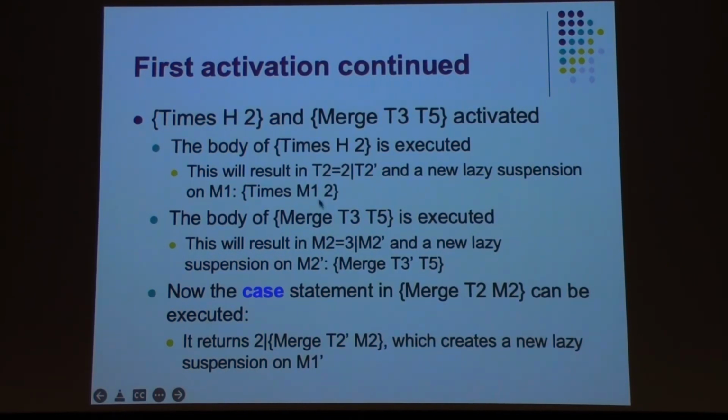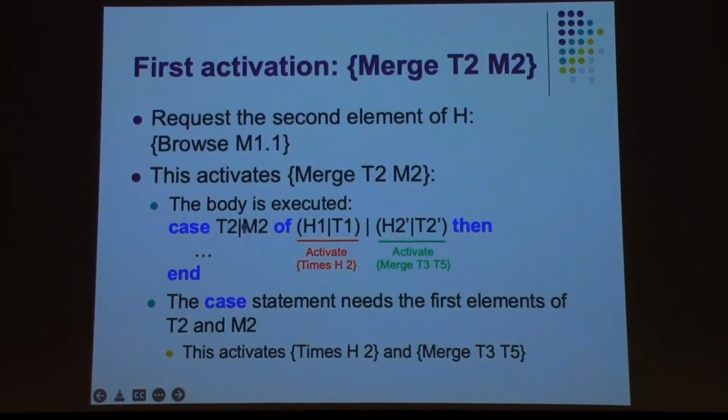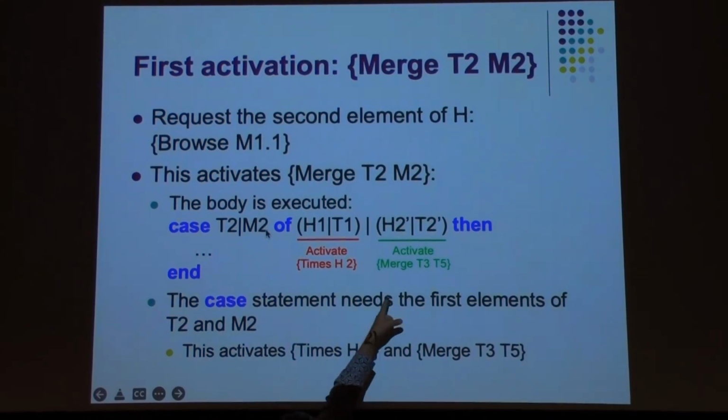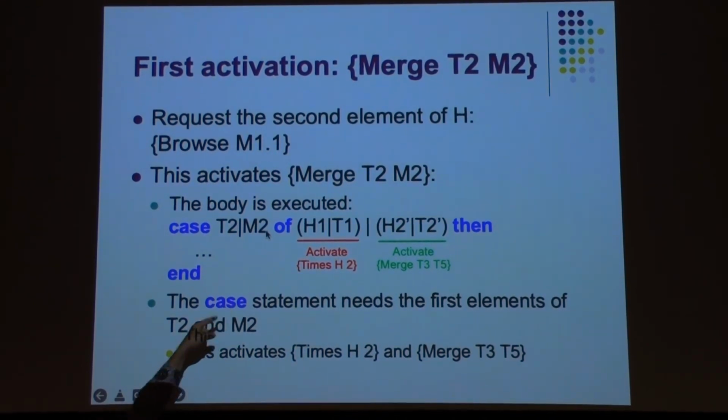Now you can actually run the case statement because T2 and M2 are bound now. So T2 and M2, after these two suspensions run, T2 and M2 will be bound. So finally we can run the case statement. So the case statement will actually activate those two suspensions, but in the meantime, the case statement is still waiting, huh?